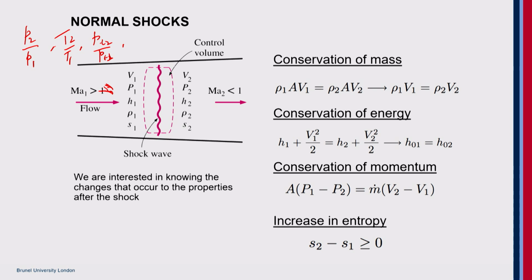To do that, we have to go with the basic governing equations: the mass continuity equation, the energy equation, and the momentum equation, P1 plus rho 1 V1 squared equals P2 plus rho 2 V2 squared, and the second law of thermodynamics. We are basically interested in knowing how all properties change across the shock wave.